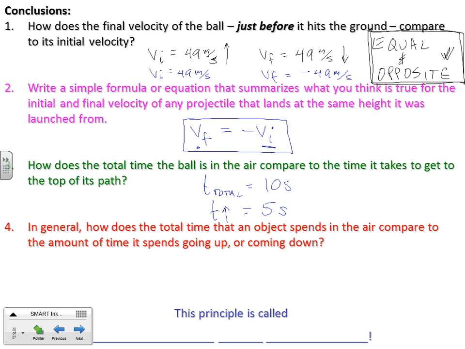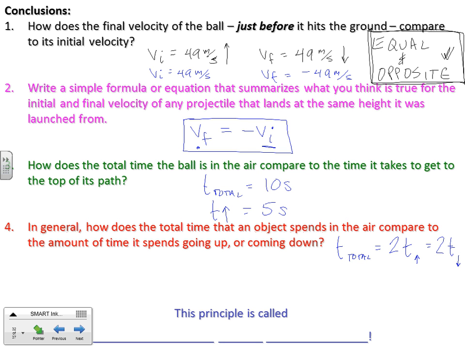Well, we'll say that T total is twice the time it takes to go up and twice the time it takes to go downward.